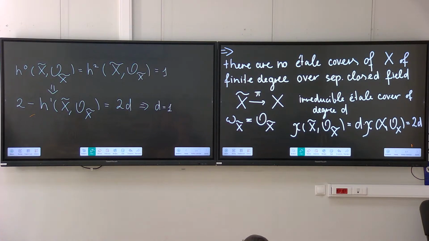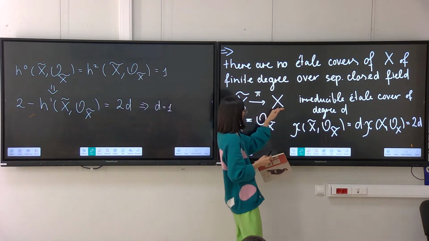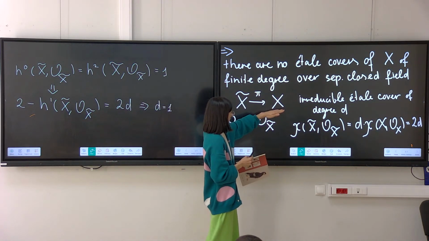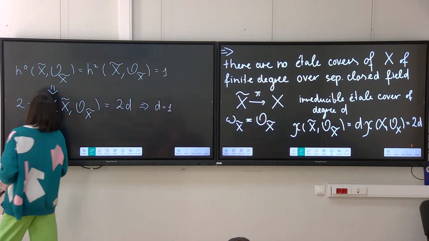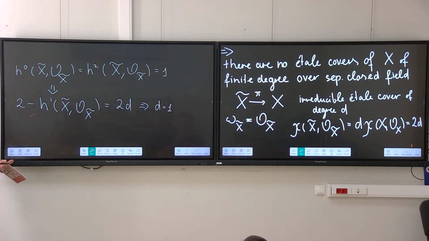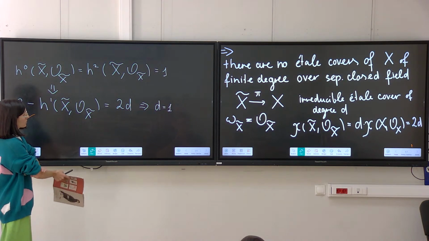Okay? So you see, from the computation of the Euler characteristic of the structure sheaf of a K3 surface, we immediately get, in some sense, a non-trivial result that we don't have unramified covers of finite degree.